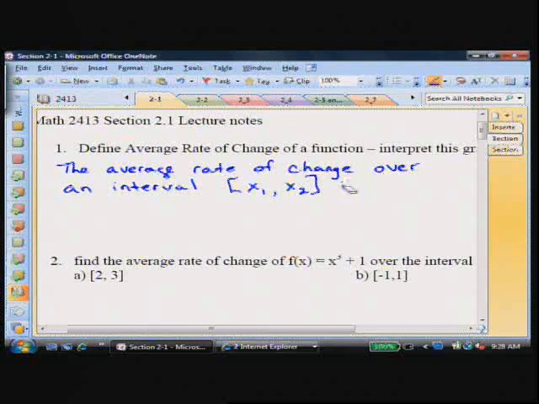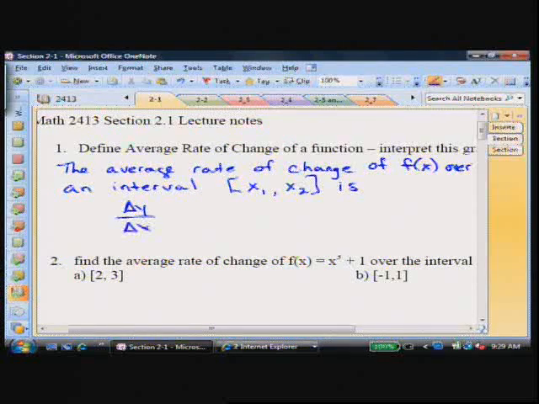And so, okay, so actually, the average rate of change of a function f of x, over an interval from x1 to x2 is the change in y over the change in x. And so in function notation, the y coordinate at x2 is what?